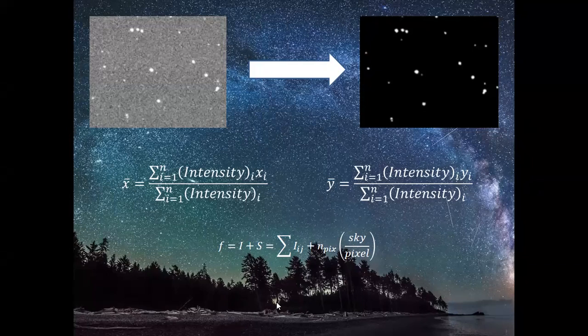So the entire flux that you detect on your detector is basically the contribution of the intensity of the source as well as the intensity due to the sky. The summation of capital I running over ij means you are calculating the intensity of n pixels, which is basically the sky count.